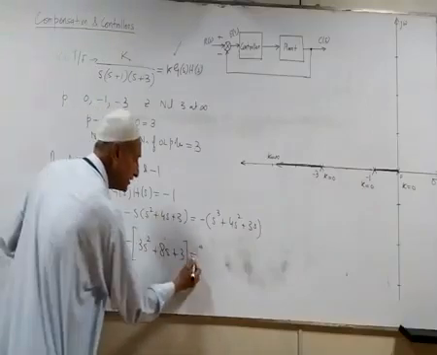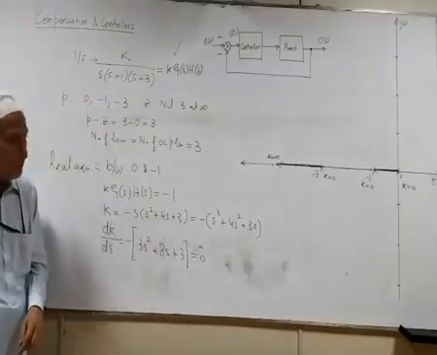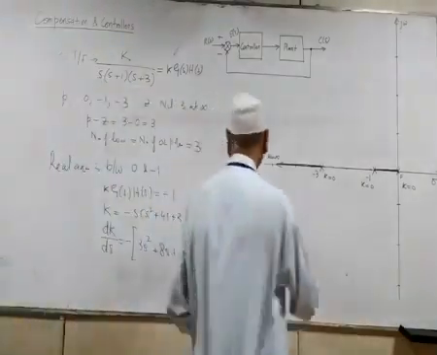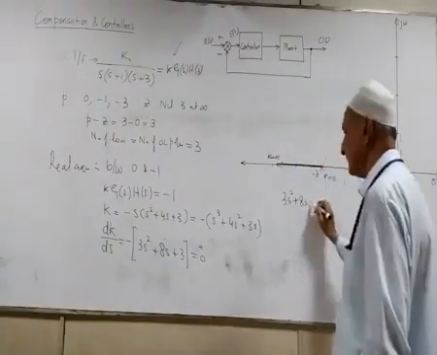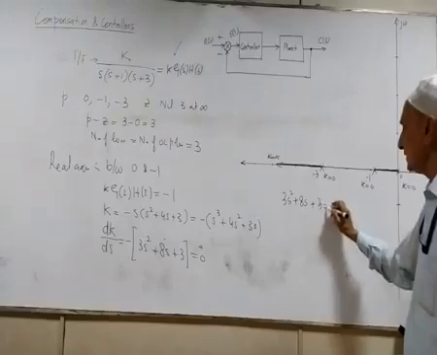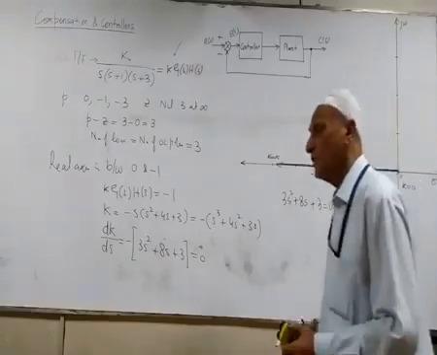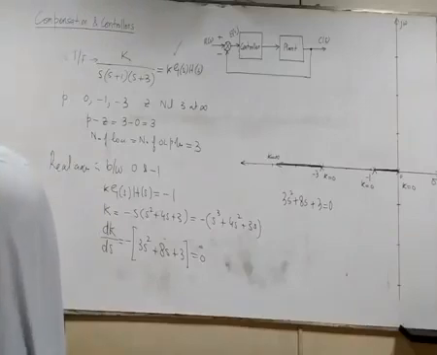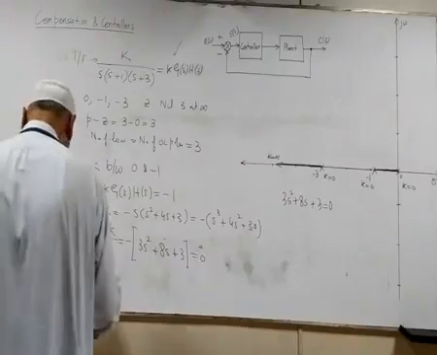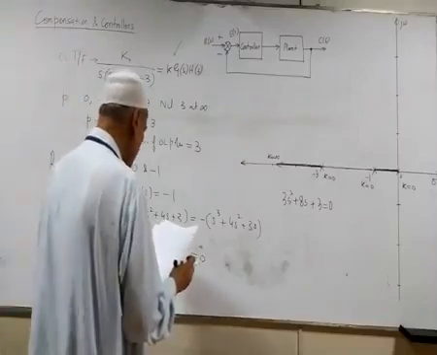When we equate this to 0, we get a quadratic equation, 3S square plus 8S plus 3 equals 0. This will give you two roots, and amongst the two roots, one root will be the breakaway point.